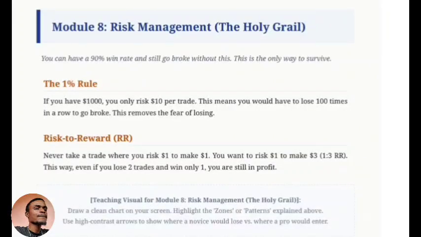So one thing I always make mention of under risk management is the 1% rule: risking at most 1% of your account. If you're trading a $1,000 account, 1% of $1,000 is $10, which means you should be risking $10.